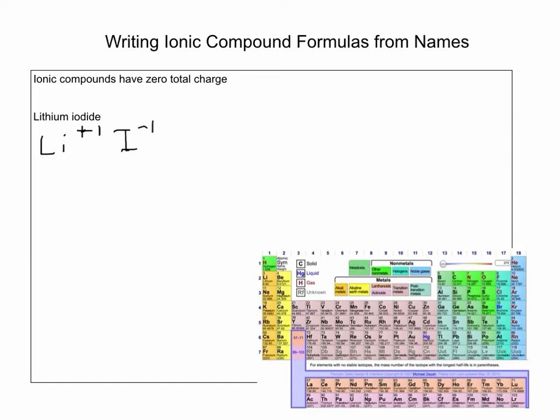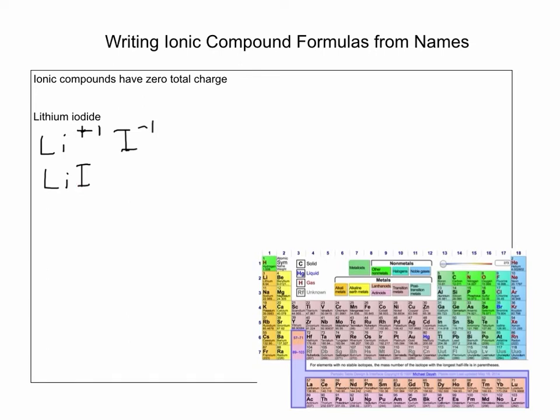If I look at my ions, I have a +1, and I have a -1. These charges are opposite, plus and minus, but equal in absolute value. They're both 1s. So what I'll write for my compound is Li, 1 lithium, and 1 iodide.